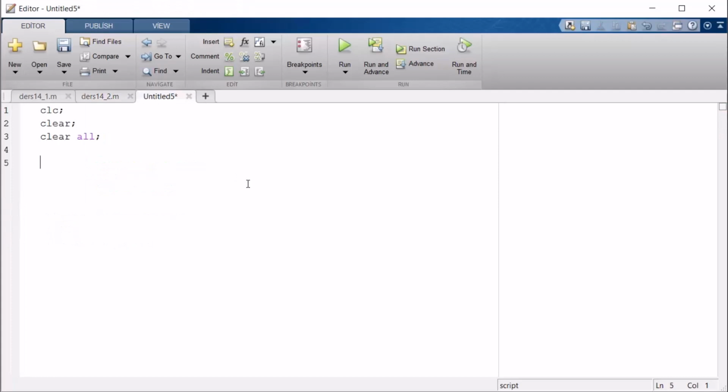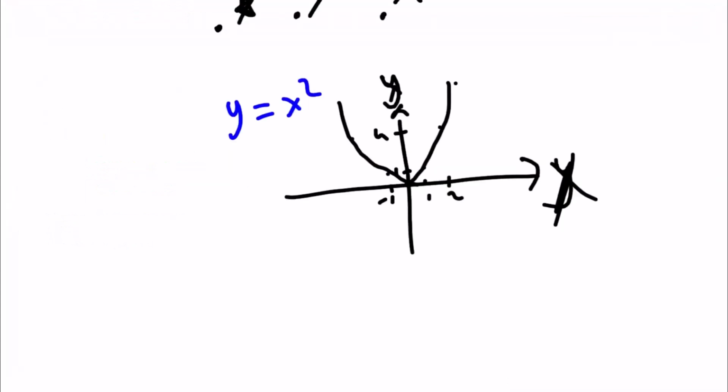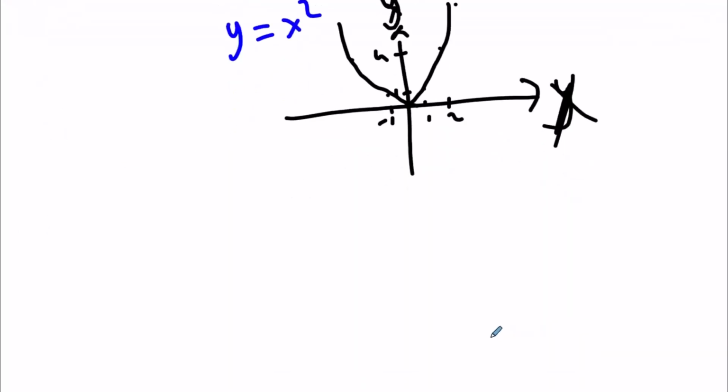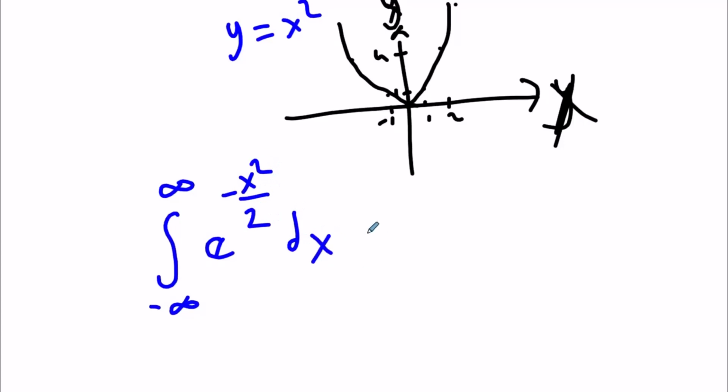They say to you, for example, solve this integral question. Let's say an integral question was asked. They said calculate the integral from minus infinity to infinity of e to the power minus x squared over 2 dx.